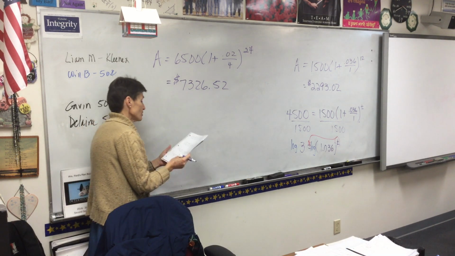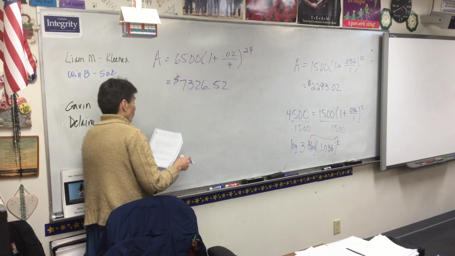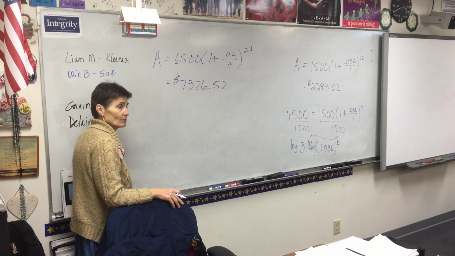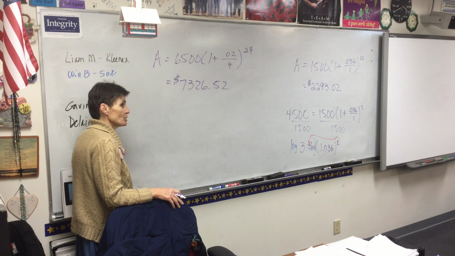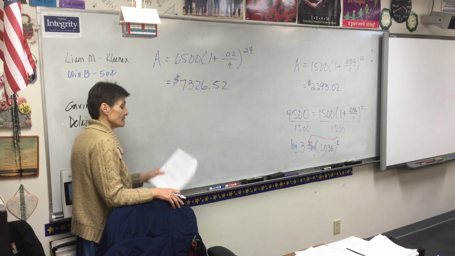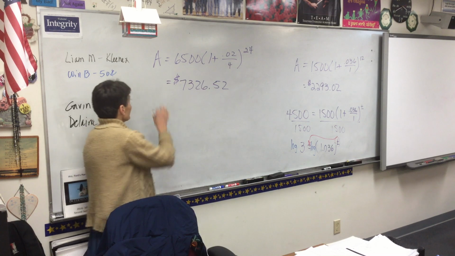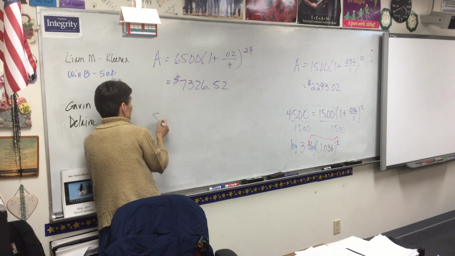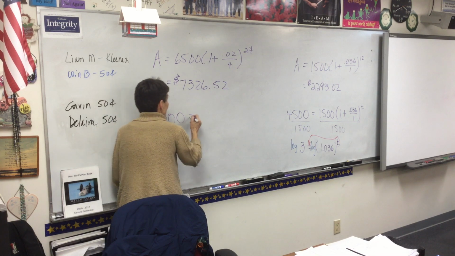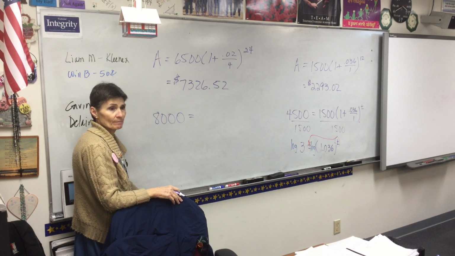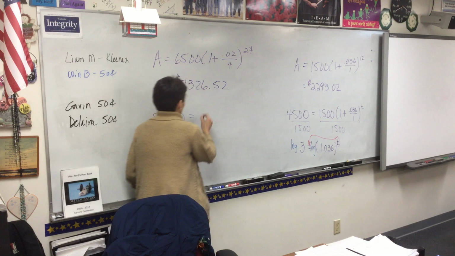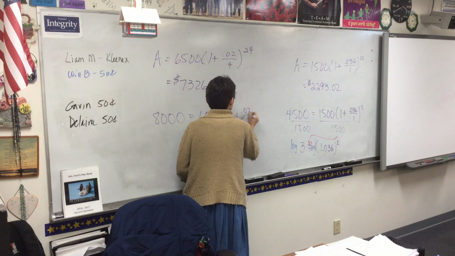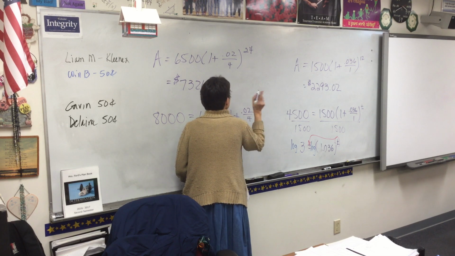Now the next question, this is the tougher one. When will she have $8,000? So we're going to use that same formula, but now the ending amount needs to be 8,000. Agreed? And we're still starting with 6,500. She's still getting a 2% interest rate.